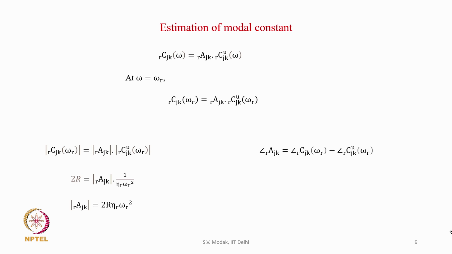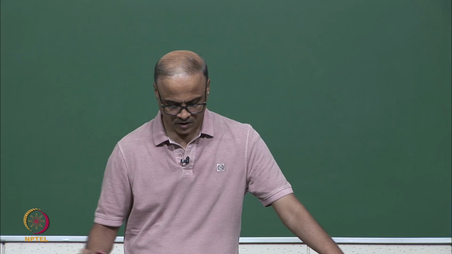Similarly, the phase of the left hand side should be equal to the phase of the right hand side, and based on this observation we can write down the phase of the modal constant r a j k equal to the phase of the r c j k at omega r minus the phase of the r c u j k at omega r. Now, what is the phase of the r c u j k? If you measure from the negative imaginary axis, then the phase of this is 0, because it is symmetric with the negative imaginary axis.